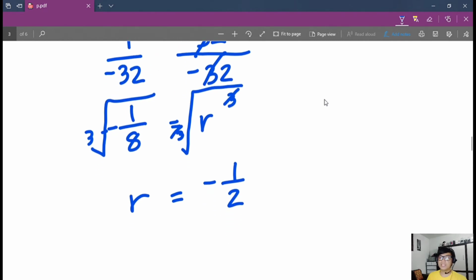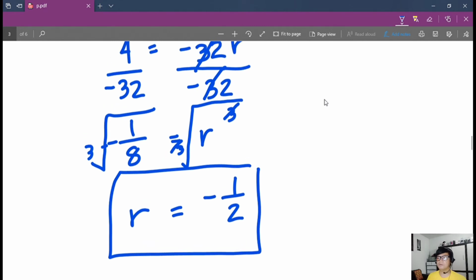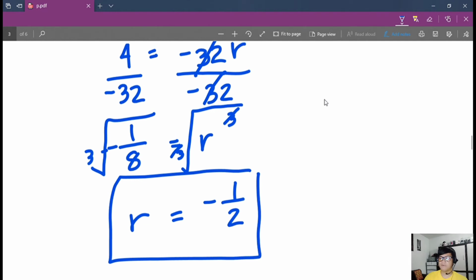So, the sign here is just negative. So, there is only one common ratio here. Having two applies only if the index of the radical is an even number. So, negative 1/2.